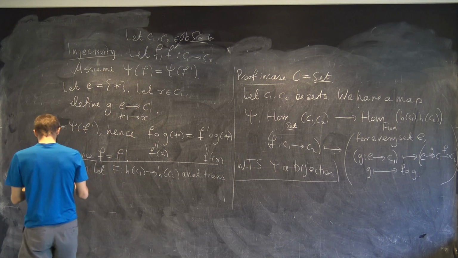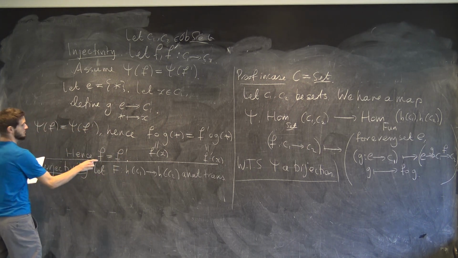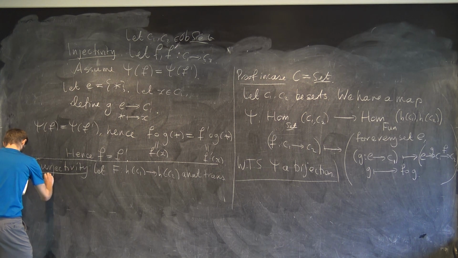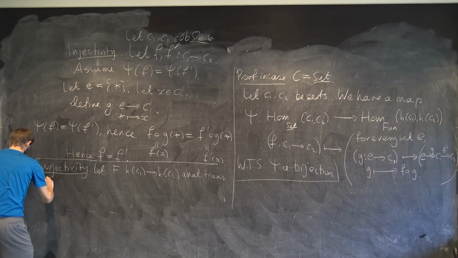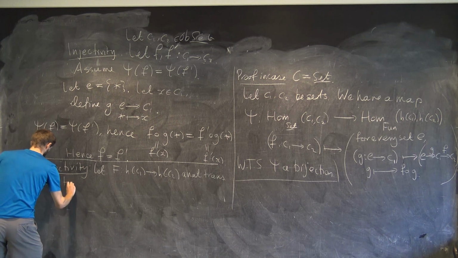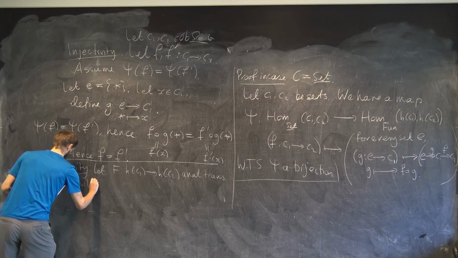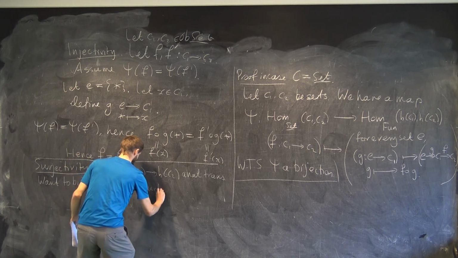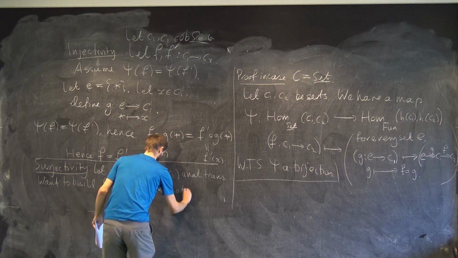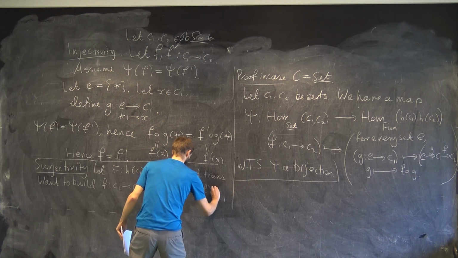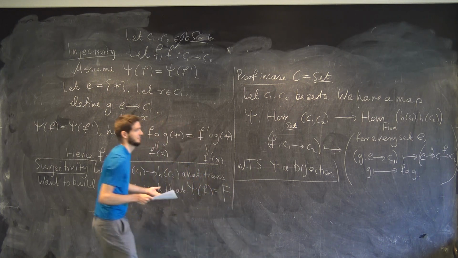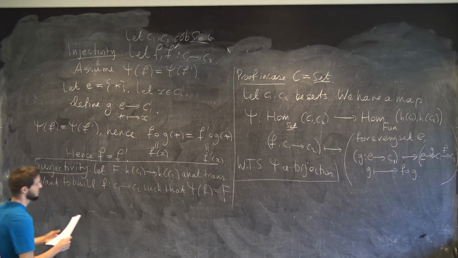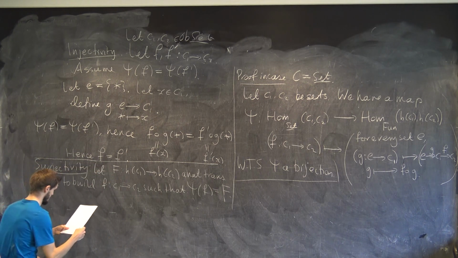Okay, so we're going to build a map little f from C1 to C2 such that psi of little f is equal to capital F. I'm just restating the definition of surjectivity, which is a little bit silly. I think you guys know that by this stage in your mathematical careers.